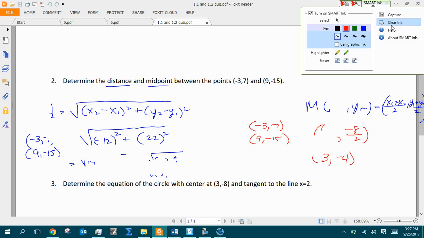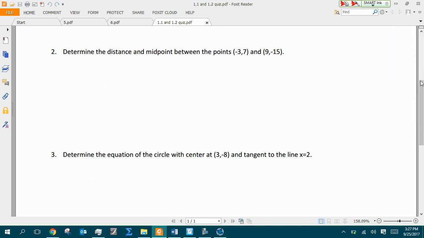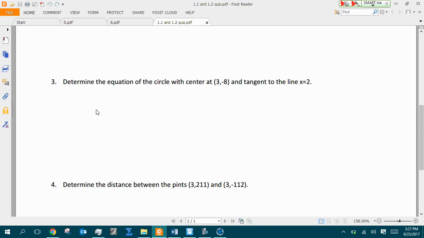Looking at the next one, we've got equation of circle, center at 3, negative 8. So (x − 3)² + (y − (−8))², plus 8 squared. So that's your h and your k. But now we are tangent to the line x = 2. The best thing to do here is draw a picture.